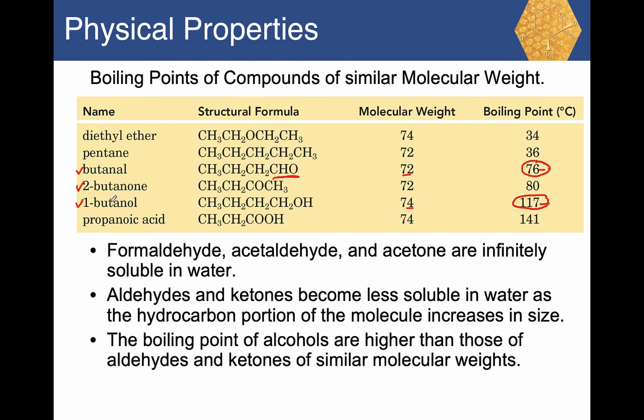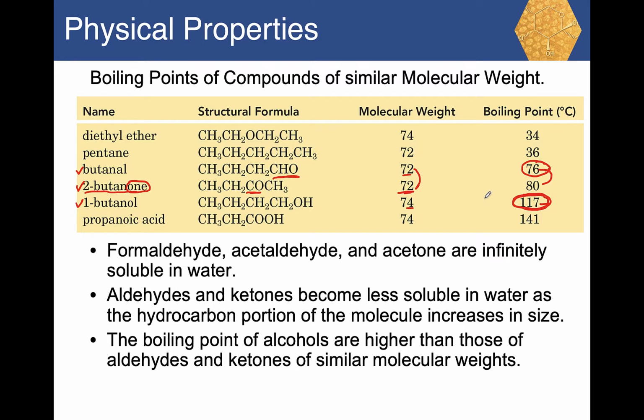Let's look at butanone, 2-butanone. It's a ketone because of the ONE right here. The molecular weights here are just about the same. Well, it actually is the same, but you can see the boiling points here are pretty similar and much lower than that of the alcohol.